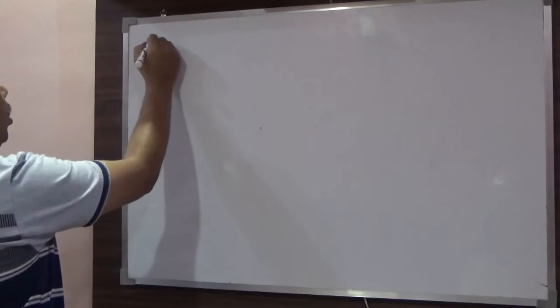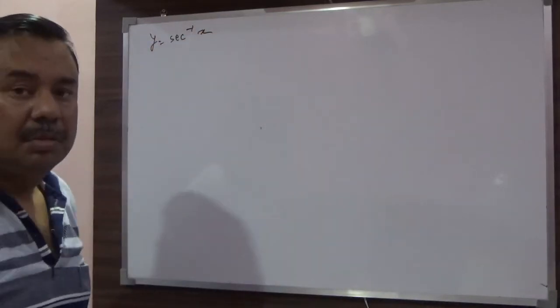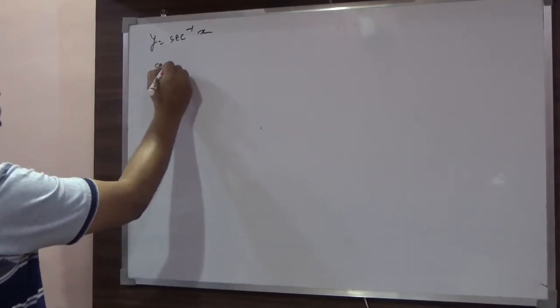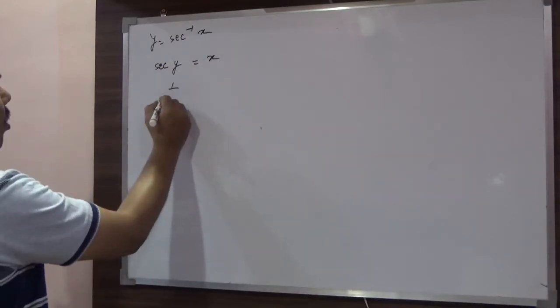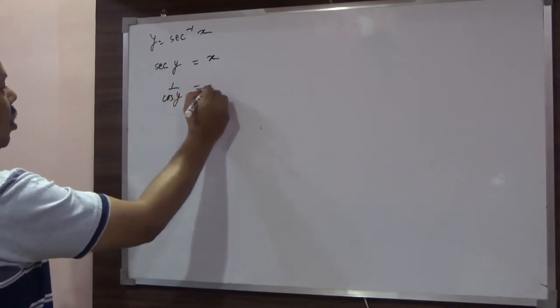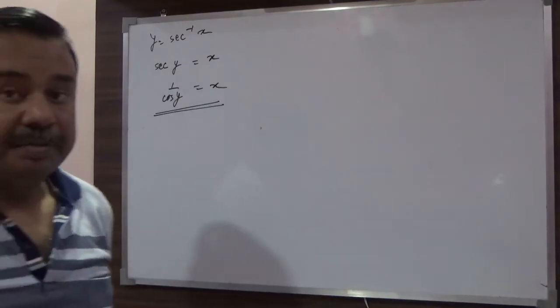For sec inverse, y equal to sec inverse x. What will it mean? This will mean that sec y is equal to x, or I can say 1 by cos y is equal to x. Now this relation is going to help me.